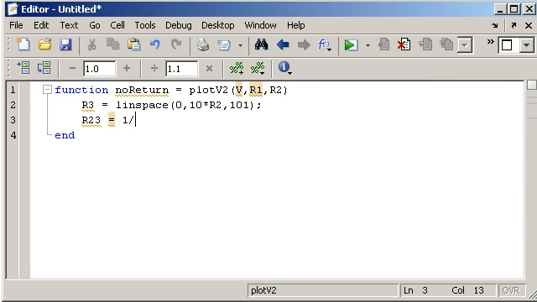divided by 1/R2 plus 1/R3. Now spread that out a little bit. And then I gotta think about this. R3 has got 100 values, so that division is not going to work without a dot.